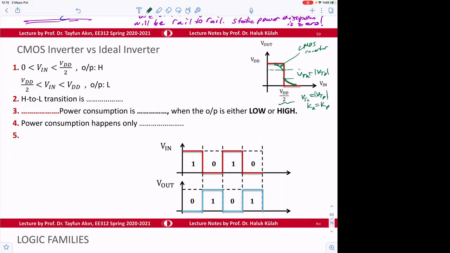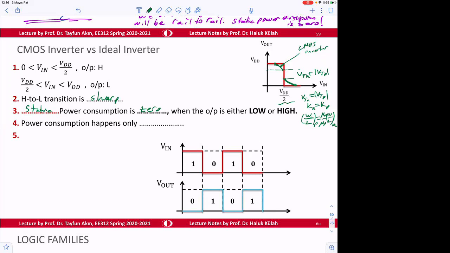How do we obtain that? W/L ratio of P is equal to mu N divided by mu P times W/L of N transistor. So then, you know, switching is sharp and static power consumption is 0 when output is high or low.